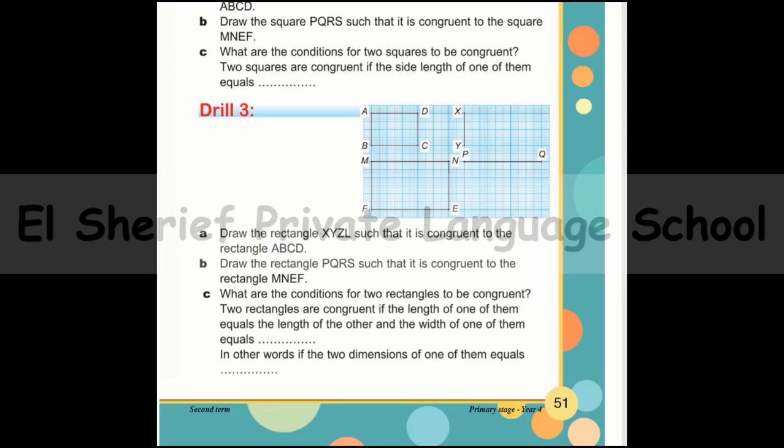And in a rectangle, we must have congruent length and width.